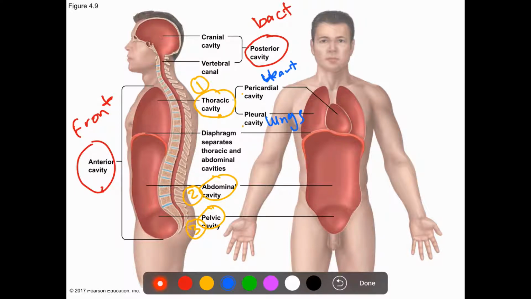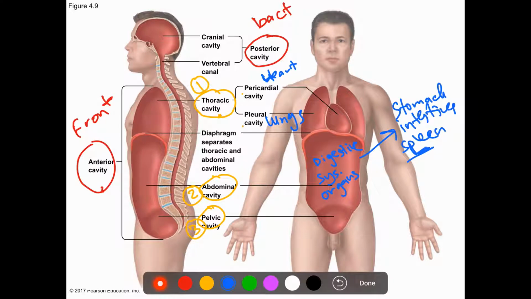With the abdominal cavity, we have the digestive system organs. We're talking about the stomach, intestines, spleen, although it's not part of the digestive system, and the liver, okay?